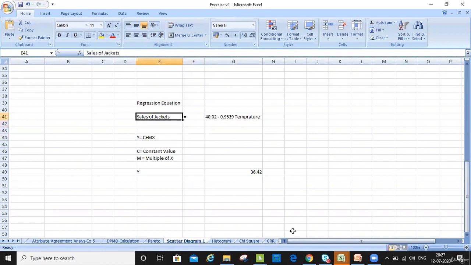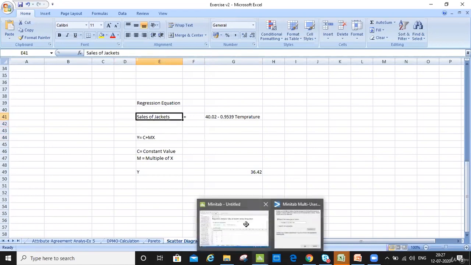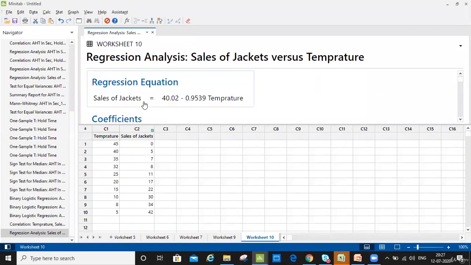Here, if I go back to Minitab, I just want to show it to you. This is the regression equation thrown. Sales of jackets, which is my Y, is equal to 40 minus 0.9 into temperature. So if I mention a number for temperature, it would give me my sales of jackets.